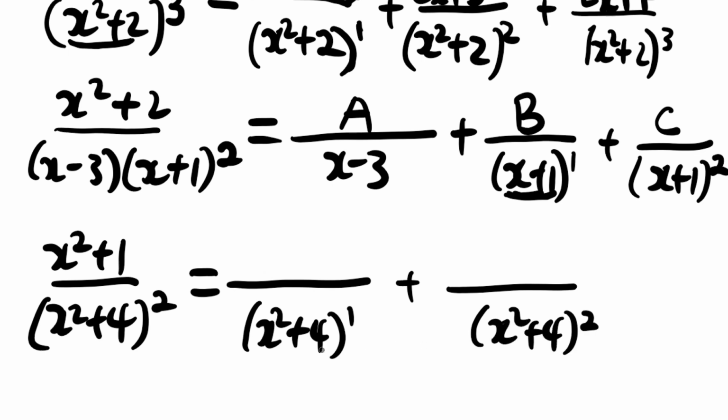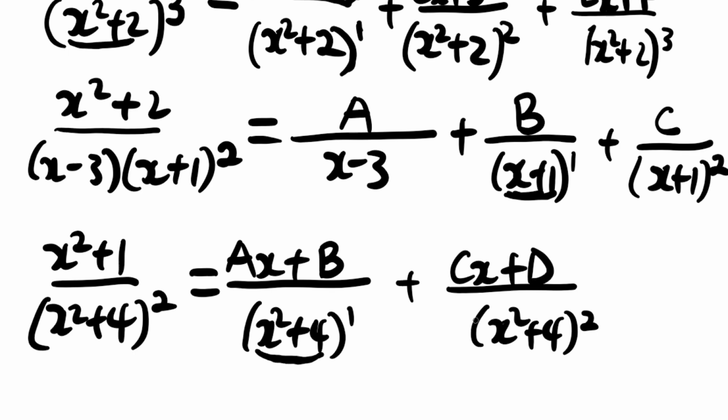So I've calculated for the bottom ones already, starting from 1, then 2, because the maximum power is 2. Now the numerator is not going to be a constant, because what is repeating, the factor inside here, is a quadratic factor. And we say for quadratic factors, the numerators come in the form of Ax plus something else like B. We have done A and B already, so this one is also going to be Cx plus D. Yes, this is the simplest form of expression of this quadratic stuff.